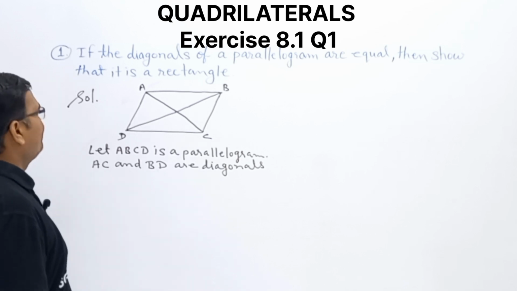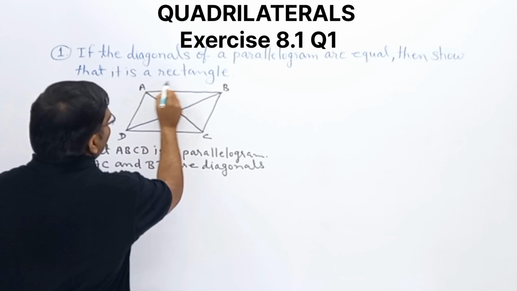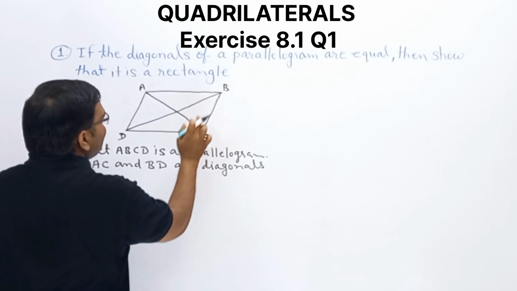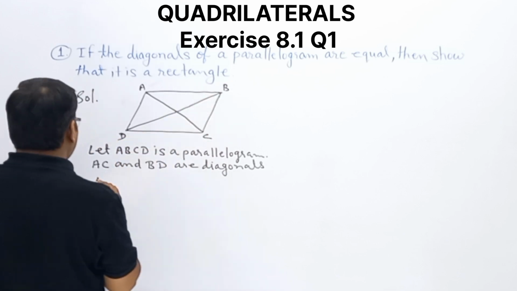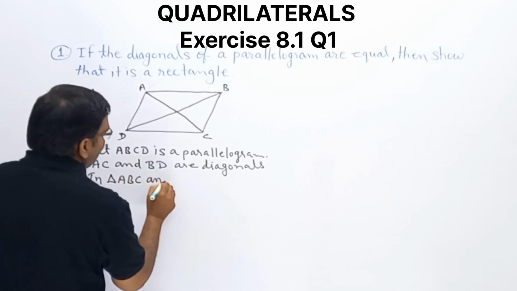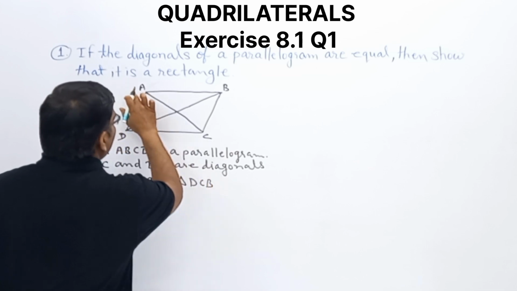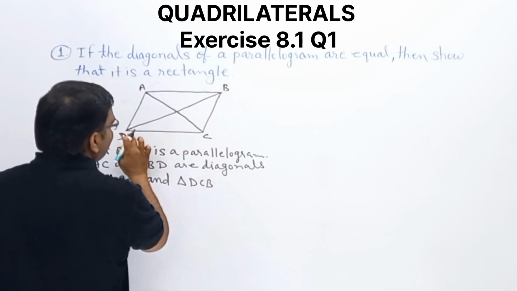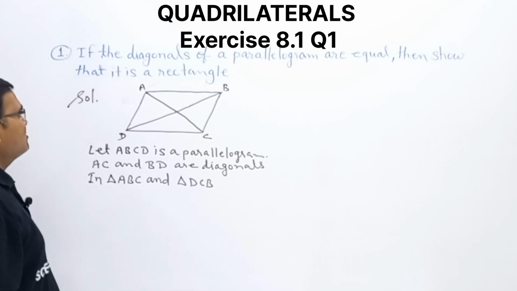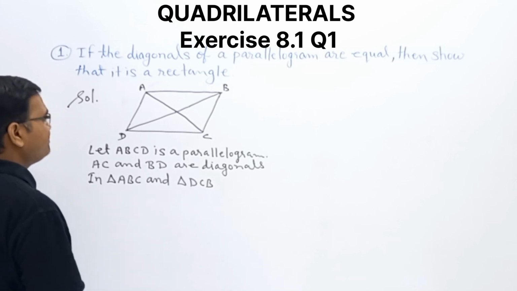So we are taking triangle ABC and triangle DCB. In these two triangles, we will write the equal parts one by one.